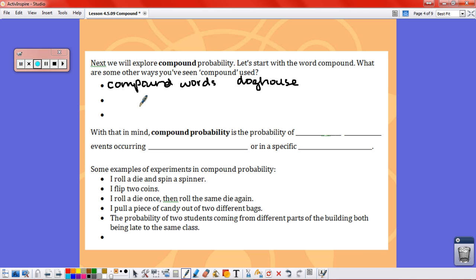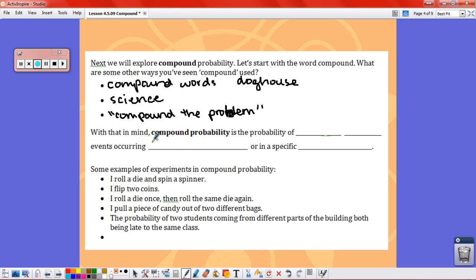You might also hear in science, a compound is 2 or more things put into one. And you might hear compound the problem, which basically makes it worse by making it more complicated.